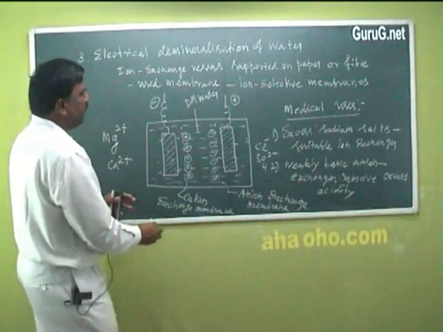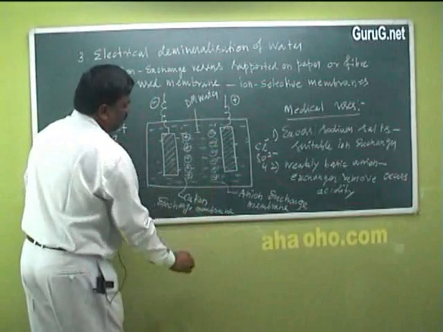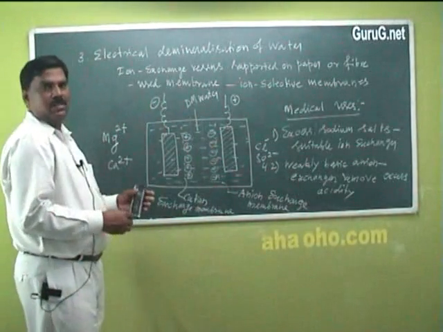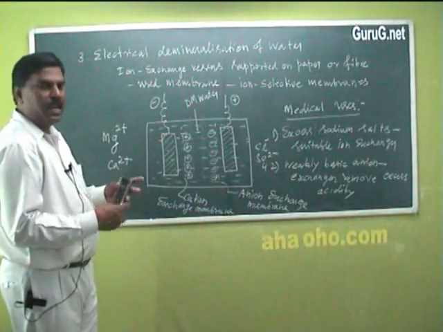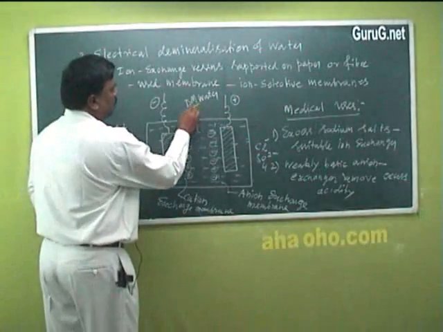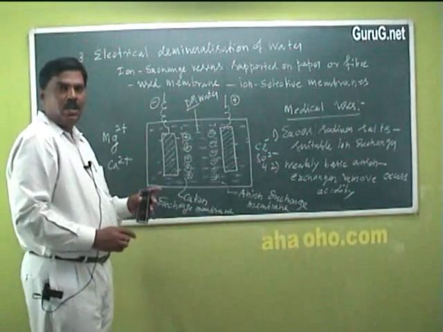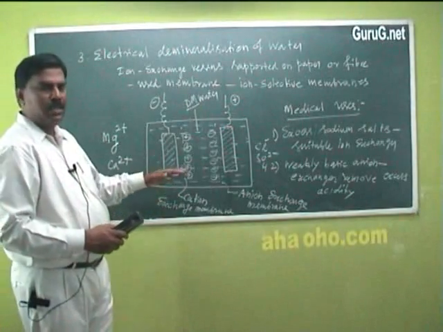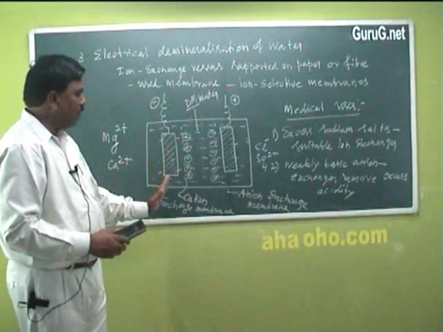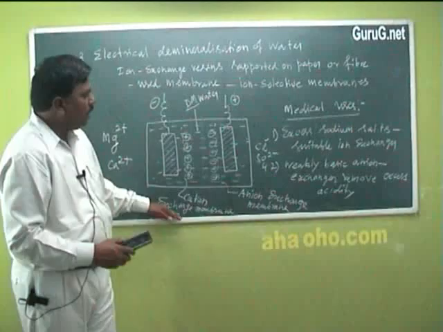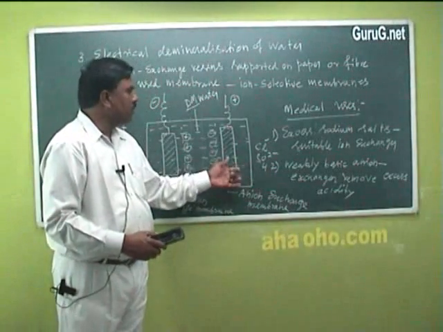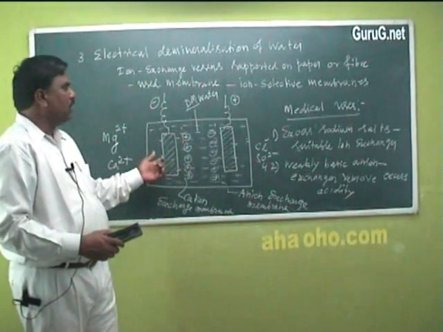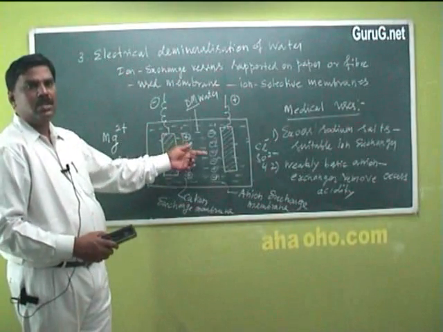The water in the middle portion is without any cations and anions, that is demineralized water. DM is nothing but demineralized water. So all the ions present in the water are removed by using the cation exchange membrane and anion exchange membrane supported with the cathode and anode. So what is the application of using these cathodes and anodes?